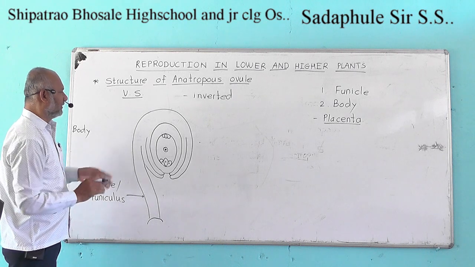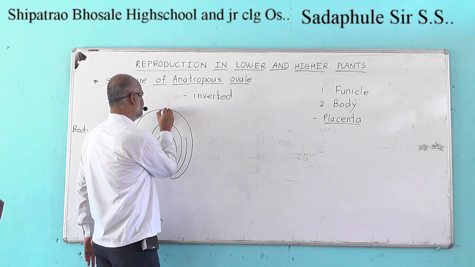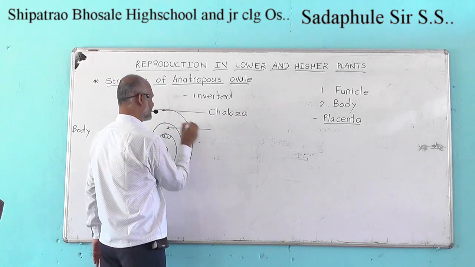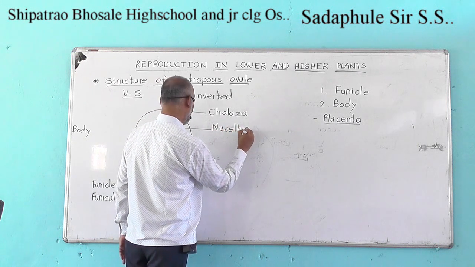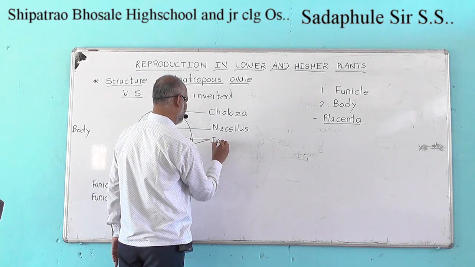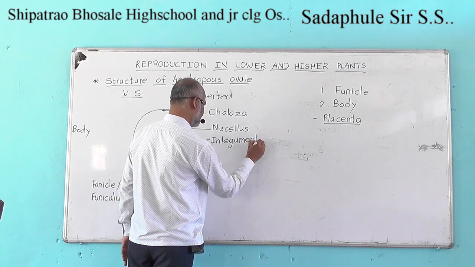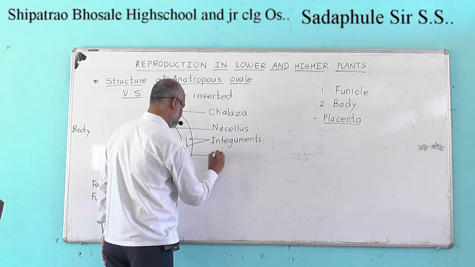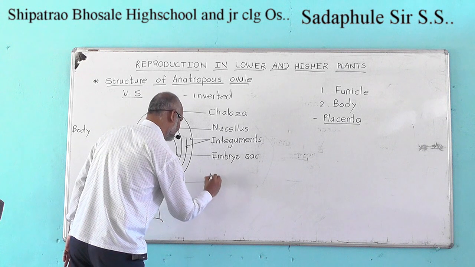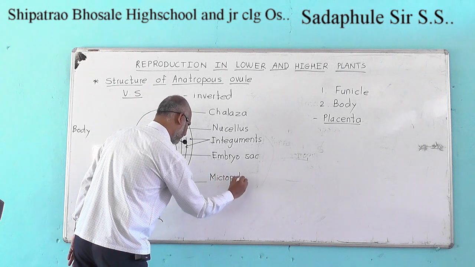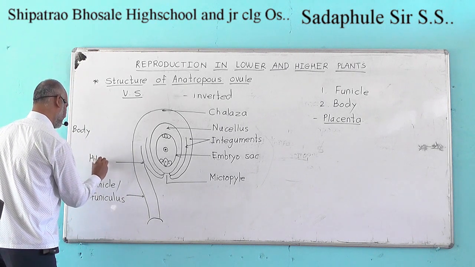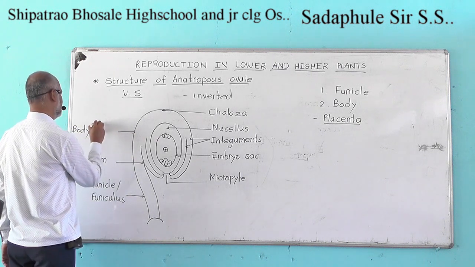Now, this body shows various parts, such as chalaza, nucellus, integuments, embryo sac, micropyle, hilum, and here is the raphe.